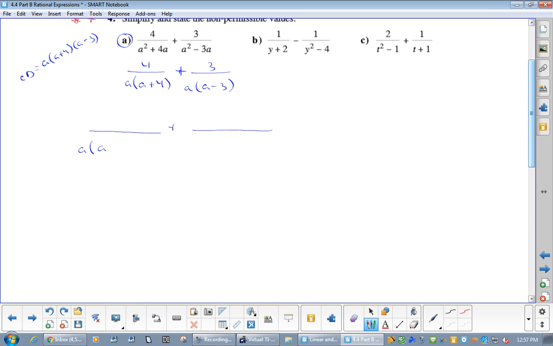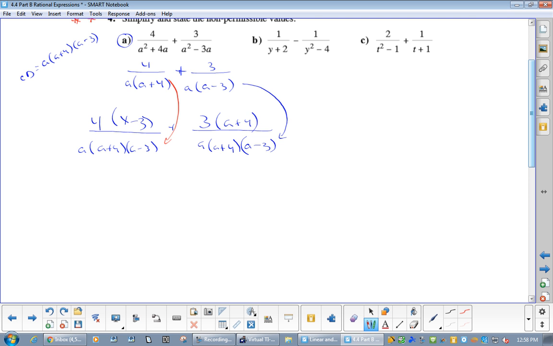A plus 4, a minus 3. Okay, and then the 4 should be there and your 3 should be there. Right? That's from the original. Now, what do I have to do to this to get this? Okay, and what do I got to do to this one to get this?